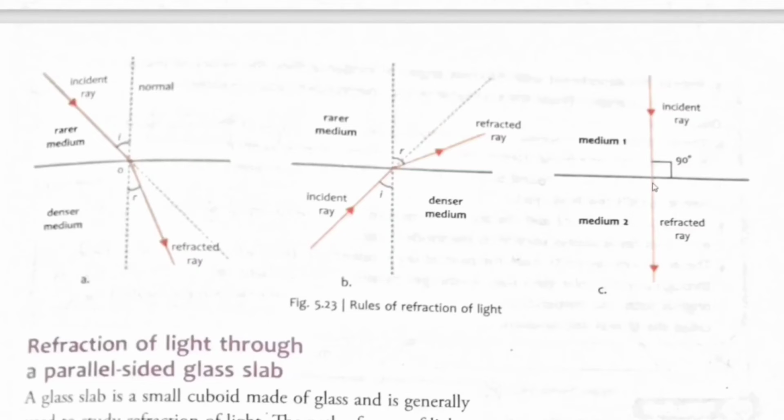In the second medium also, the ray of light follows the same path. So when the incident ray strikes the point of incidence at a 90-degree angle, there will be no refraction, no deviation from its original path, and it will follow the same straight path.